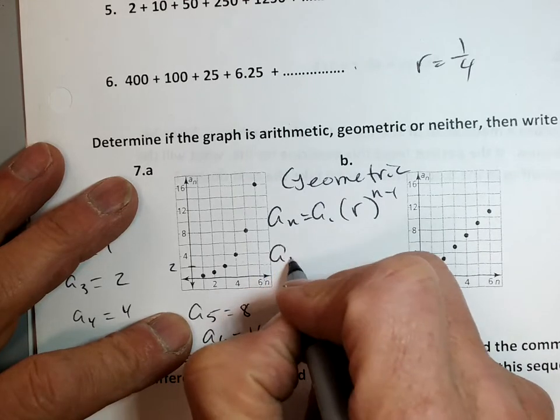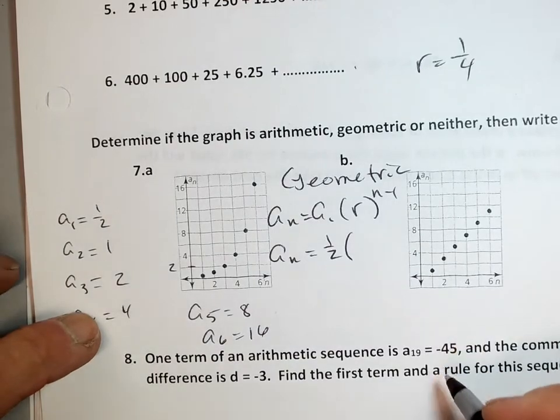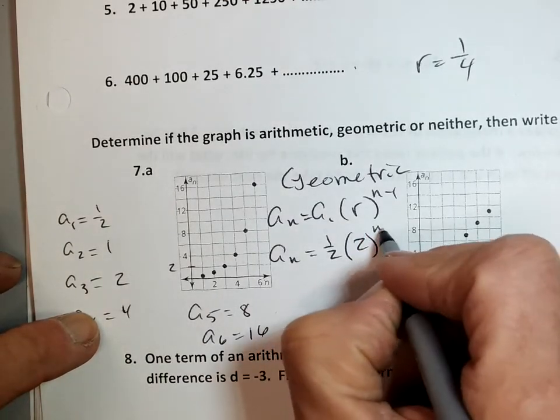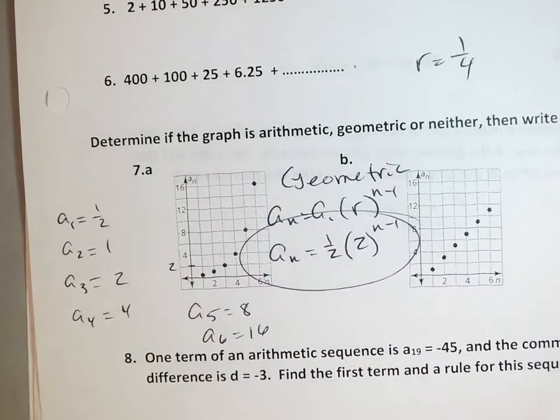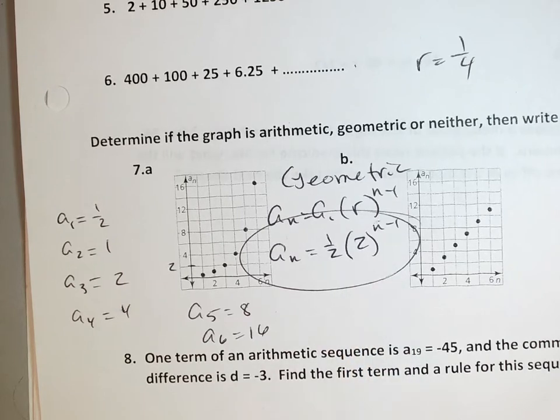Let's fill in what we can. A1 is 1/2. That's my first term. The multiplier is 2 to the n minus 1 power. There's my rule. It's geometric because we're multiplying by 2. I took my geometric formula and plugged everything in except I kept n as a variable so that I can make a formula, okay? How am I doing?